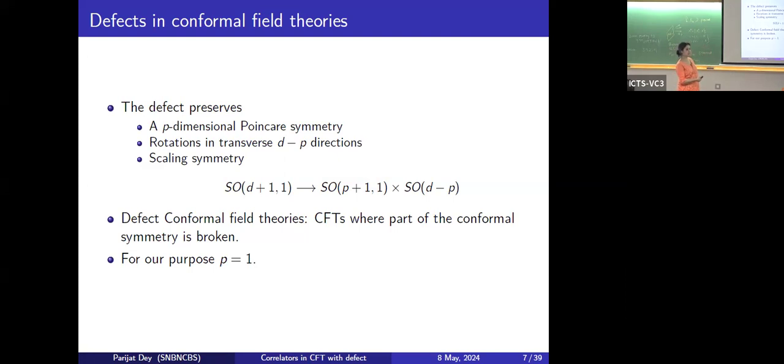We started with the bulk SO(d+1,1) conformal group in d dimensions, and the introduction of this p-dimensional defect breaks it to SO(p+1,1), which is basically the conformal group on the defect, times the transverse rotation. So to define formally, defect conformal field theories are conformal field theories where part of the symmetries are broken. And for our purpose, we will only be interested in line defects, so p is equal to 1.